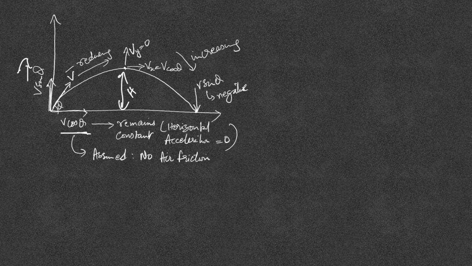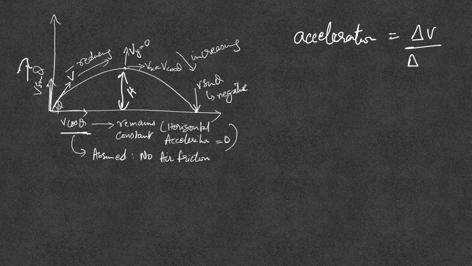Okay. Now as you know, there was the formula for acceleration, right? Acceleration is change in velocity upon change in time. Okay, now in this case the acceleration is actually g, gravity, which is 9.8 meter per second squared.